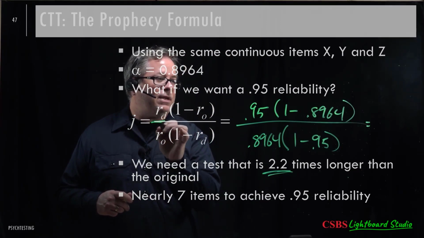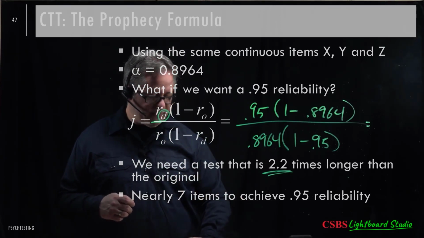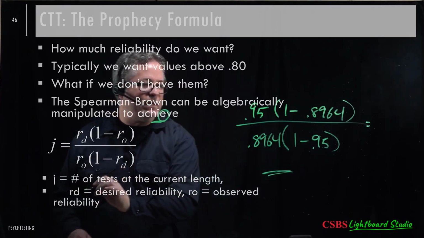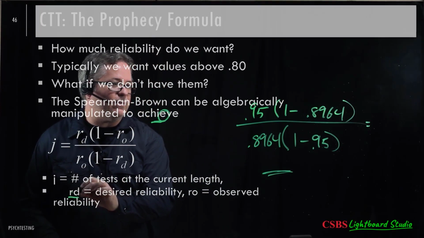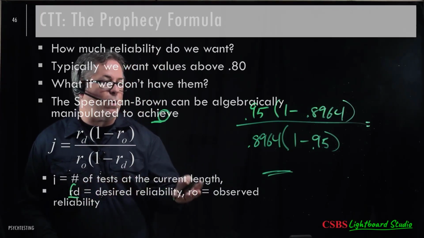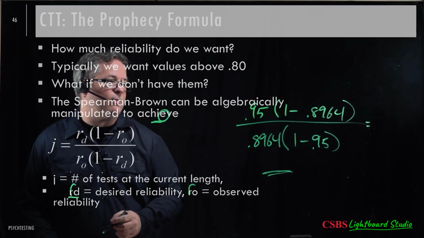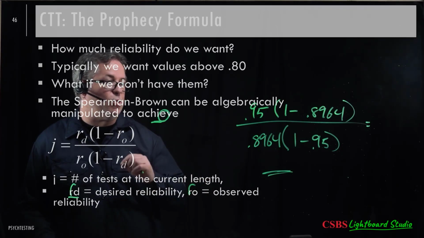All right, RD, so the D stands for desired. I don't know why in the previous slide it flipped it. This R is supposed to be large like that. RD is the desired reliability, the reliability you want. And then RO, again, think of this as a big R. O is the observed reliability, meaning the reliability you have.